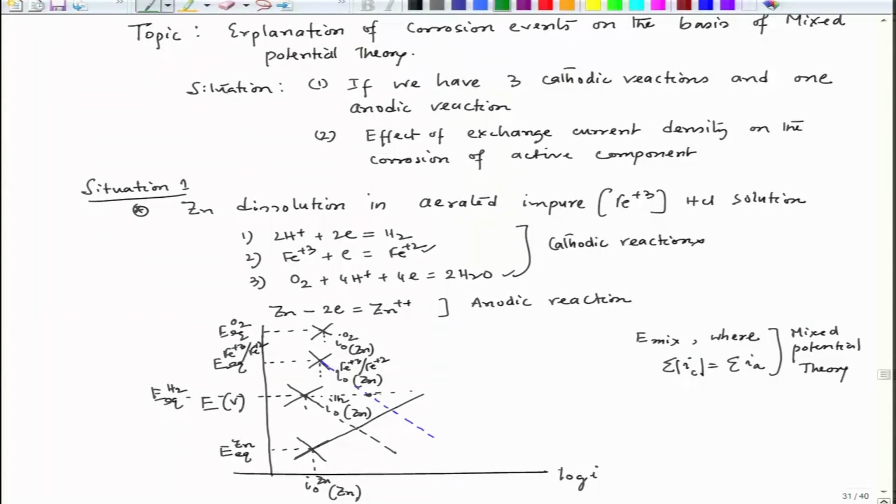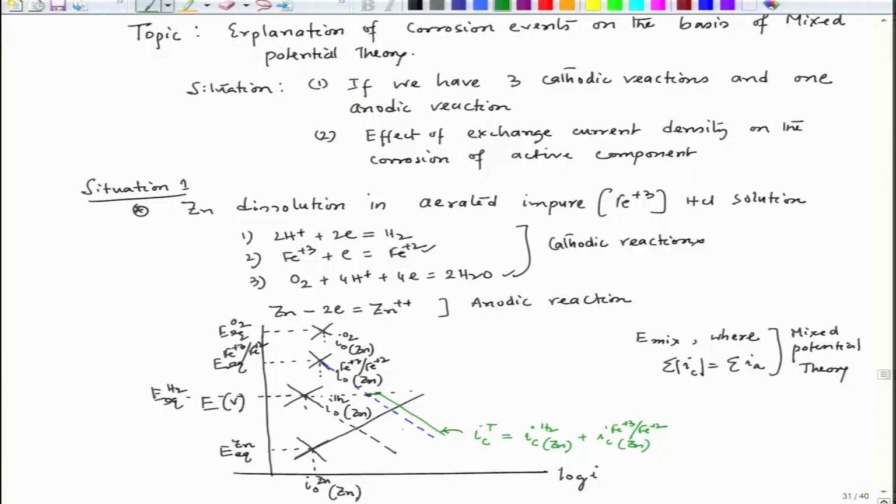I am adding all the things like a blue green color. So, this is the addition part. So, this line is IC total equal to IC hydrogen over zinc surface plus IC Fe plus 3 to Fe plus 2 over zinc surface.